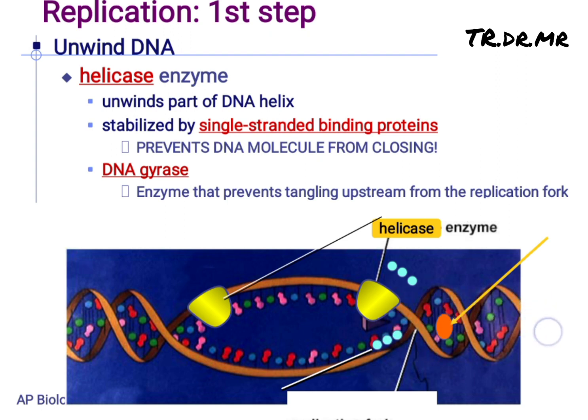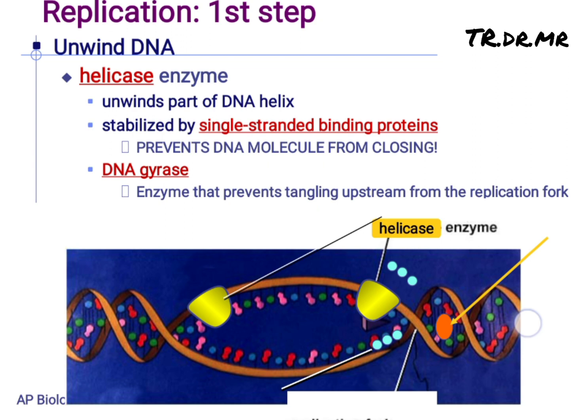So what topoisomerases do, or what are called DNA gyase enzymes, is they cut certain areas. They have two components. They have a hydrolase component, or what they call a ligase component, which comes and cuts this side.